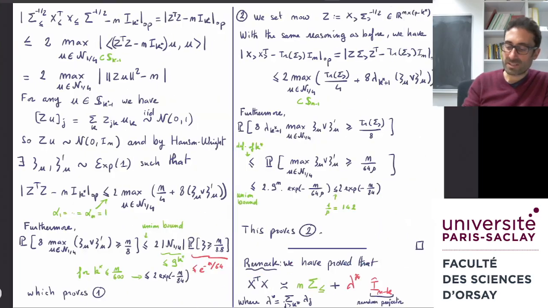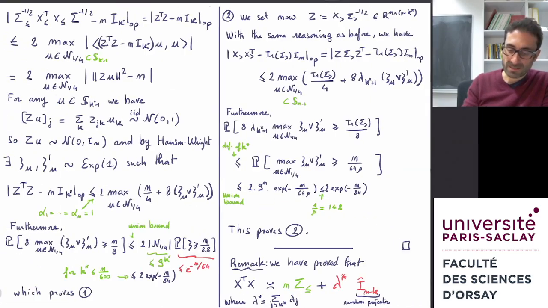Okay, and here the dimension is k star, sorry. So since the dimension is k star, this is upper bounded by 9 to the k star. So we can upper bound this maximum here by n over 8 with this probability.